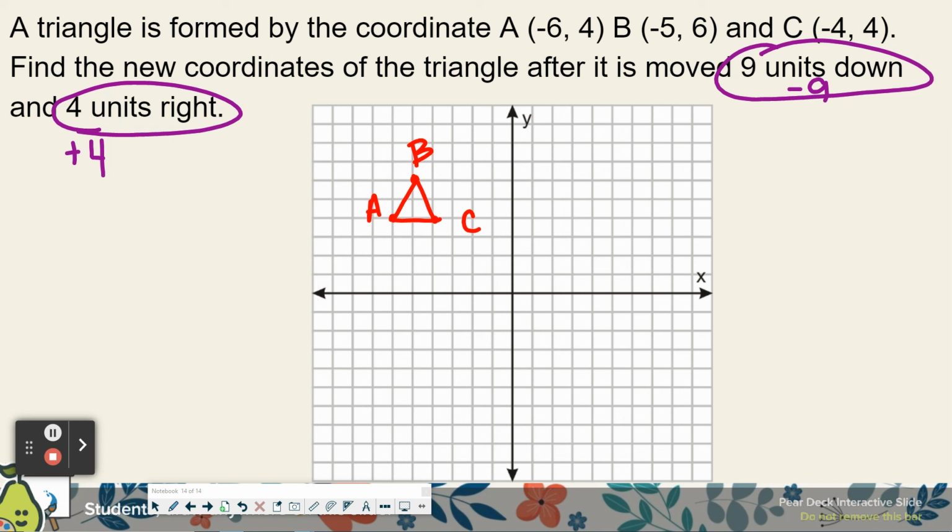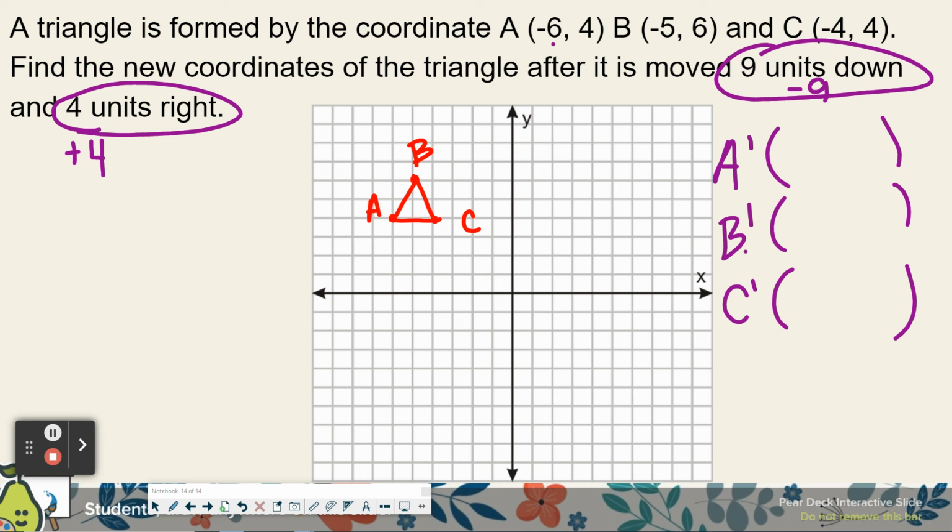Okay, so I'm going to be using these coordinates here, and I'm going to list the new ones, A prime, B prime, and C prime. Again, this is very important that you have the A prime, B prime, and C prime so that you're showing which one's the old and which one's the new. And then also so we can prove that your triangle didn't rotate at all.